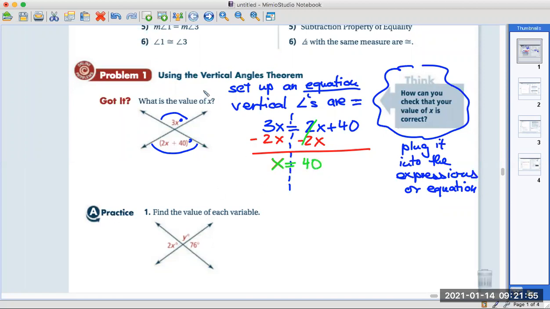We found x, 40. Now that's the end of the question, but I want to go a step further and also find each angle measure.